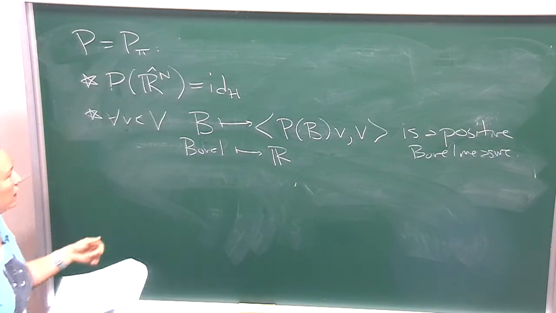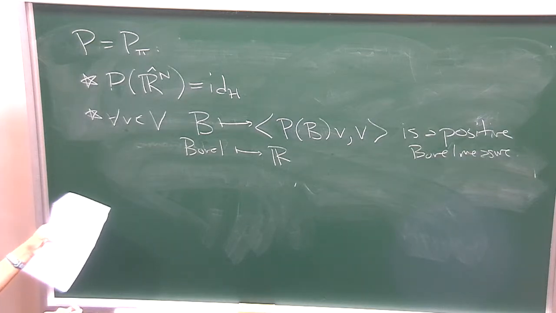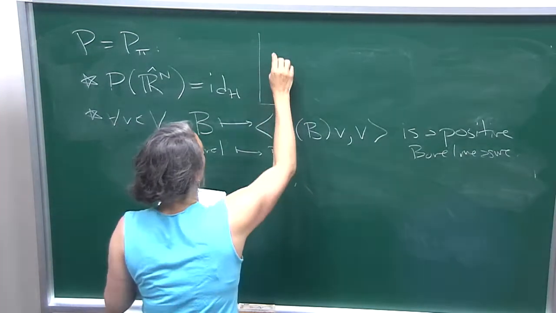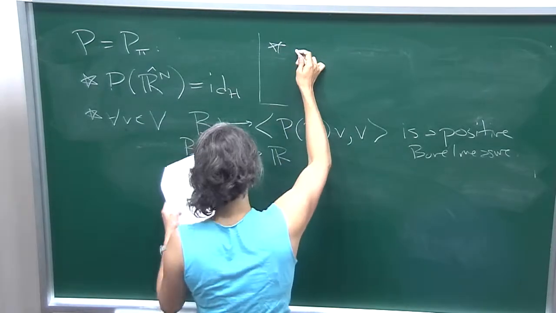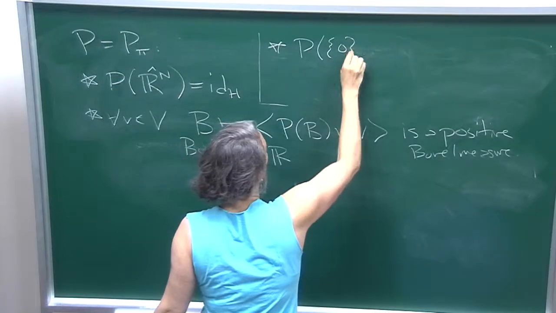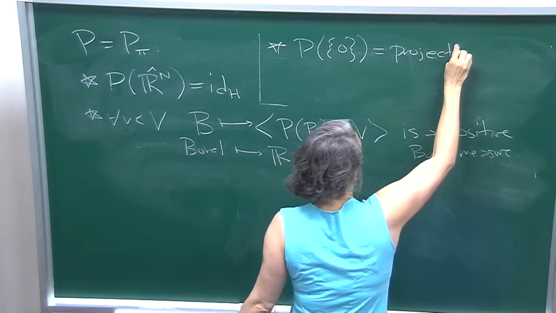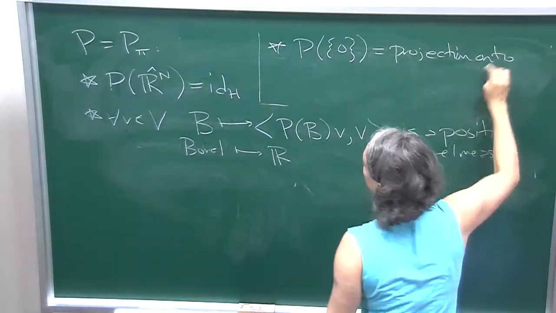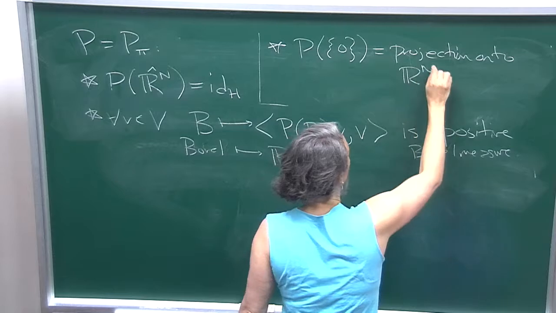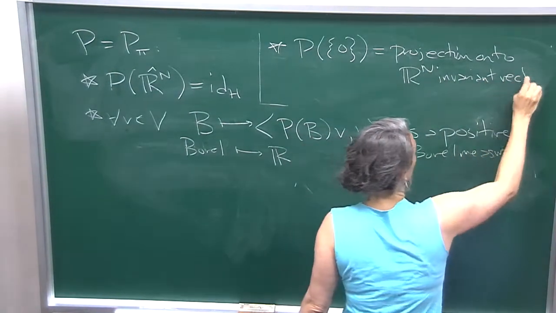Okay? So let me put up another property up here. So P of 0 is the projection onto the Rn invariant vectors.